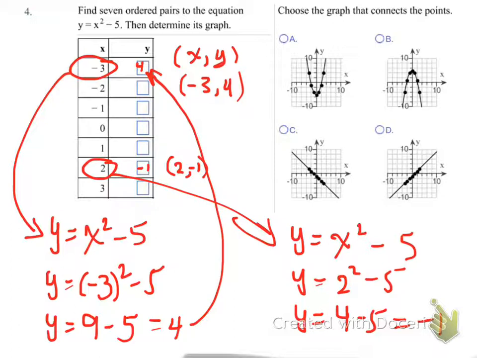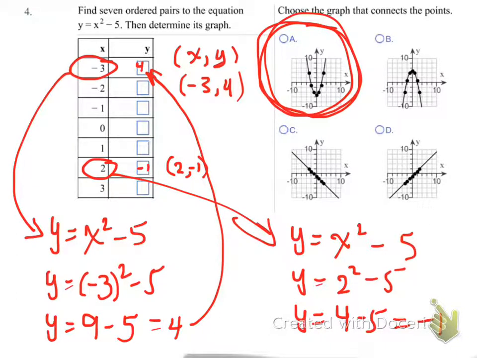Now, what we're going to do in this course is talk about translations, which moves the graphs up, down, left, and right. And in this case, I know that this is a parabola, and it is moved down 5 units. So if it's a parabola moved down 5 units, this is the graph in question.